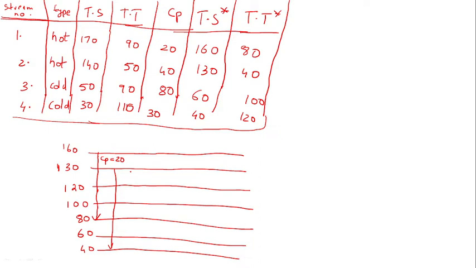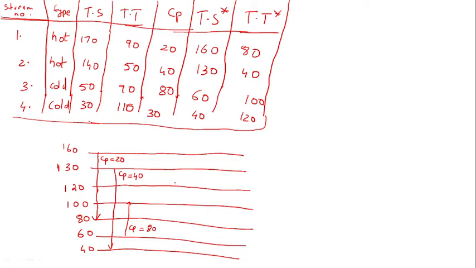Then for stream 3, it is heated from 60 to 100, and this is stream 3, and its Cp value is 80.